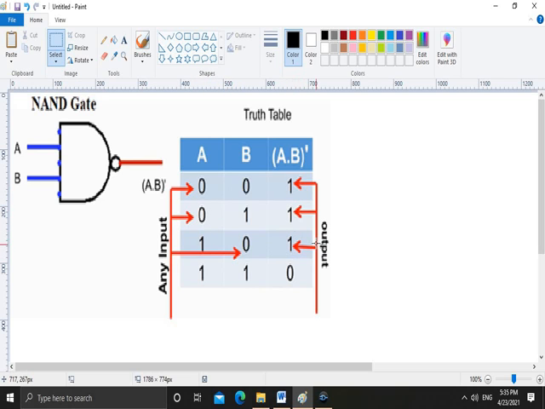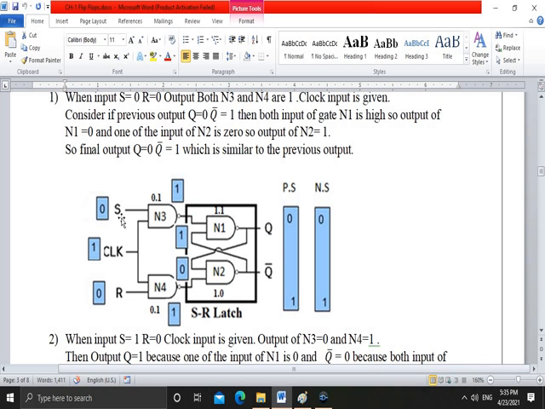This is our observation for the NAND gate, and we have to recap this. If both inputs are 0, with the other input 1, then 0.1 is 0, and NAND means there is a complement. 0.1 is 0, complement 1, and here also 0.1 is 0, complement 1.